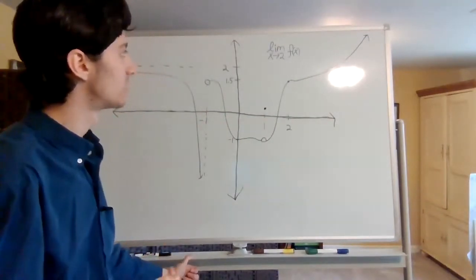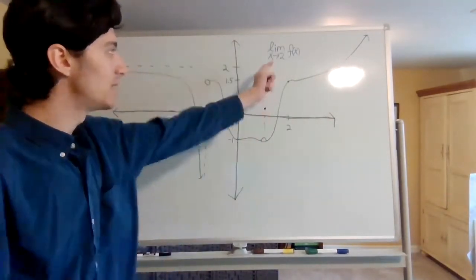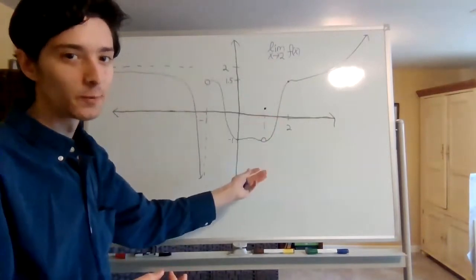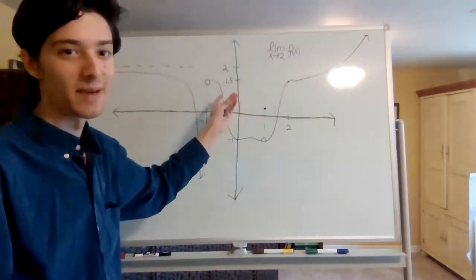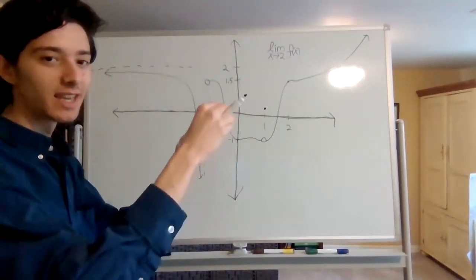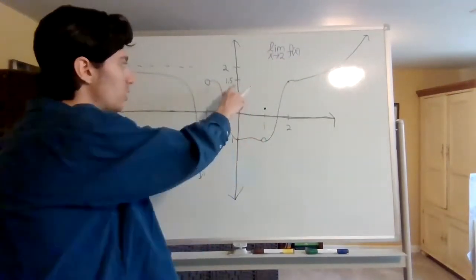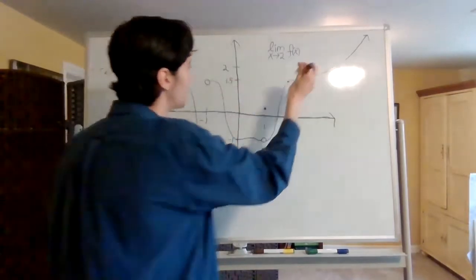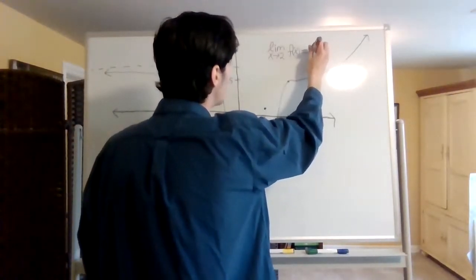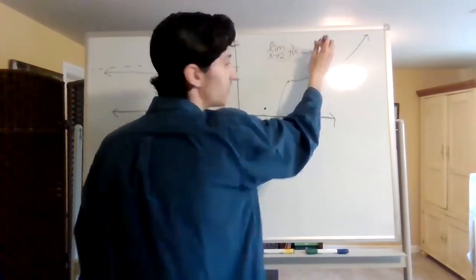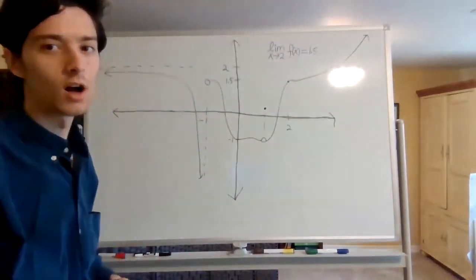And in this case, this happens to be equal to f of 2, because we see that our function is continuous at that point. And visually, we can see that it's getting closer and closer to this y value of 1.5. So the limit as x approaches 2 of f of x is 1.5.